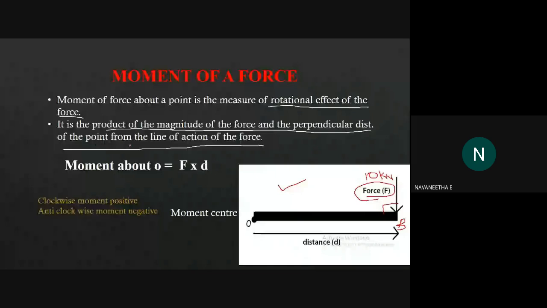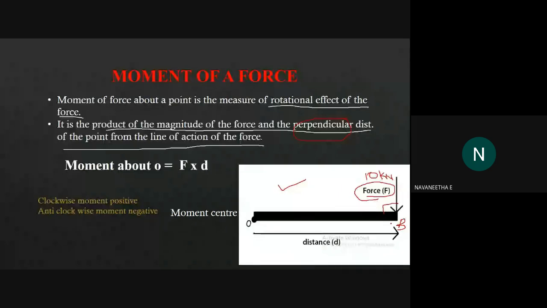Here, what is the perpendicular distance from the moment center to the point of application of force? It is very important that this word perpendicular is very important. Here the applied force is perpendicular to the surface, so the perpendicular distance is obviously the length of the beam OB.